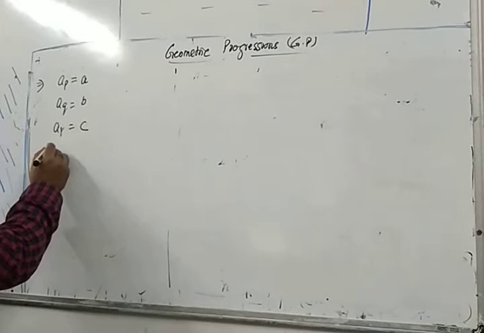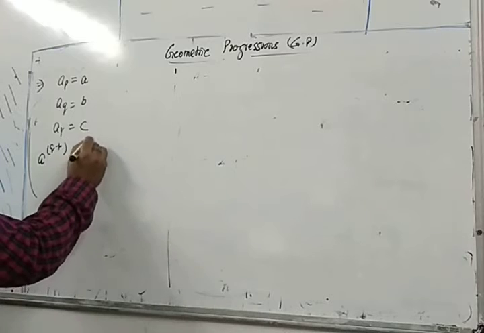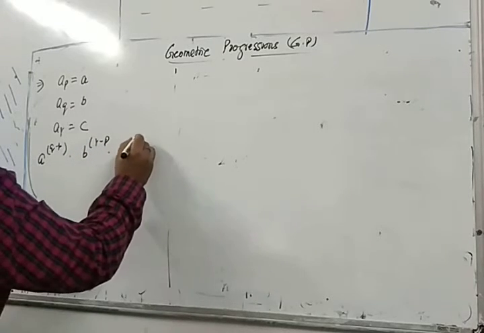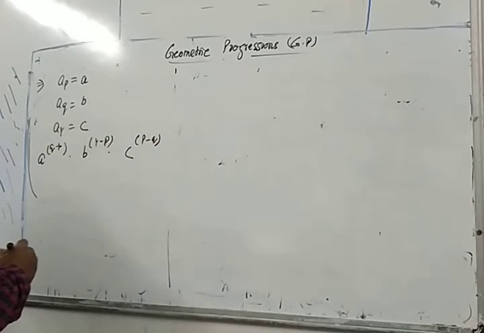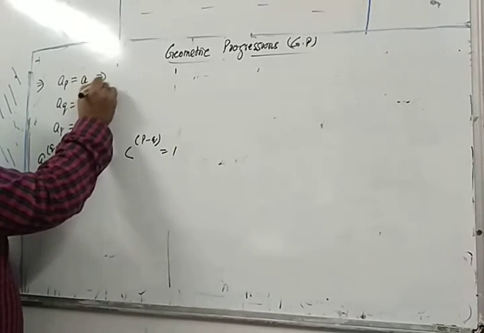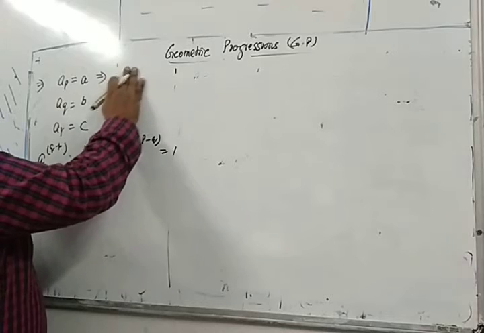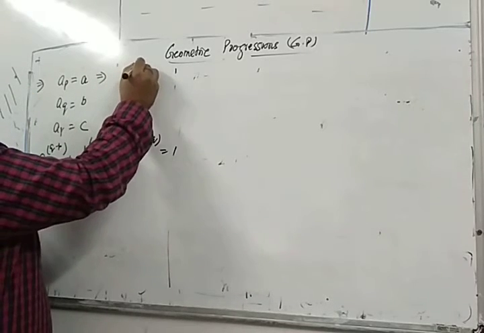a to the power Q minus R into b to the power R minus P into c to the power P minus Q is equal to 1. So now from the first three conditions we will take the formula a r to the power P minus 1.